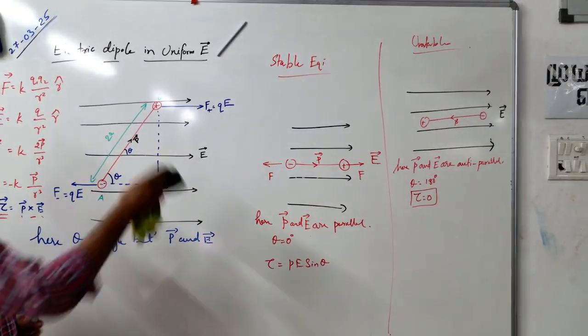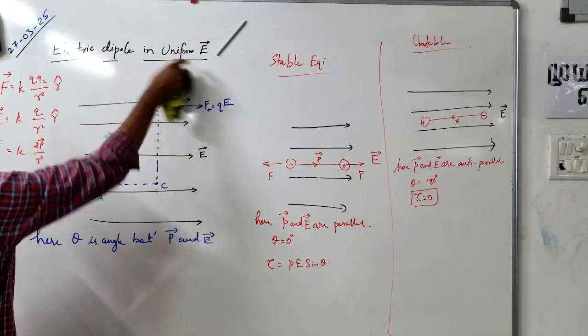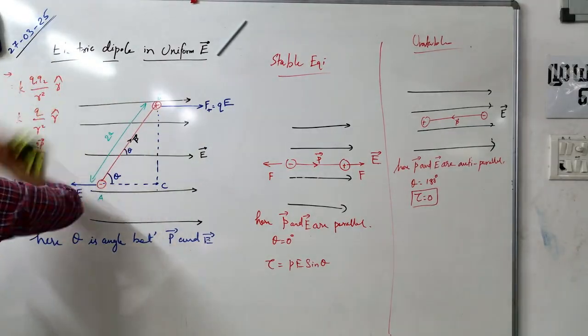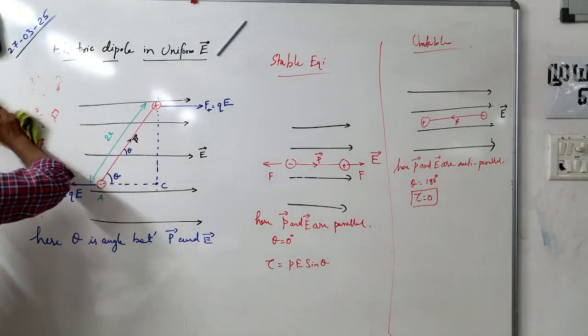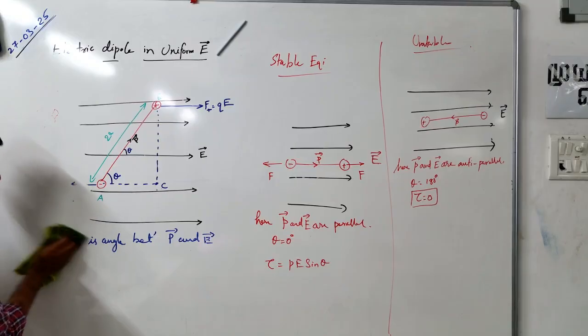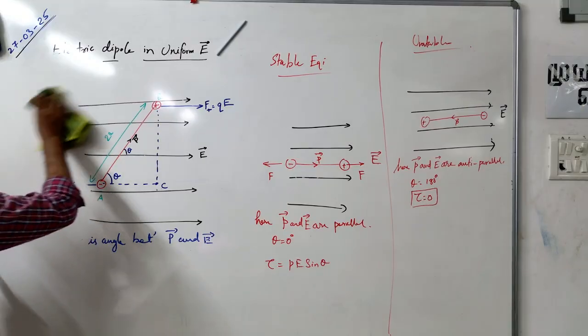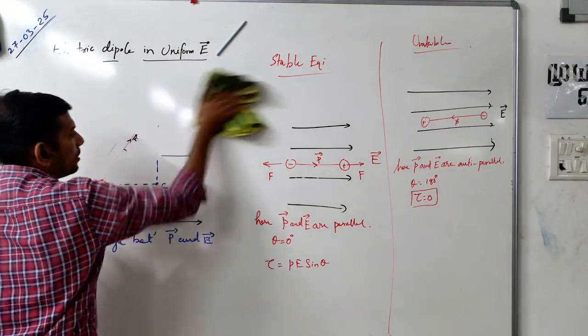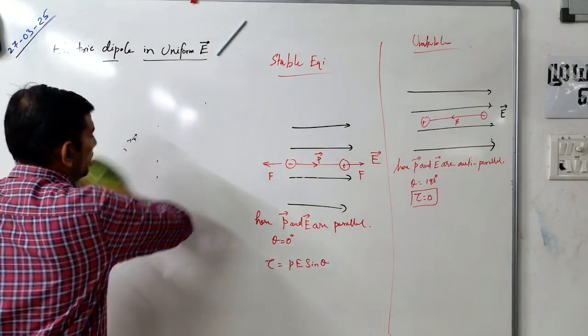So this is an electric dipole in a uniform electric field. Now I am going to take an electric dipole in a non-uniform electric field.